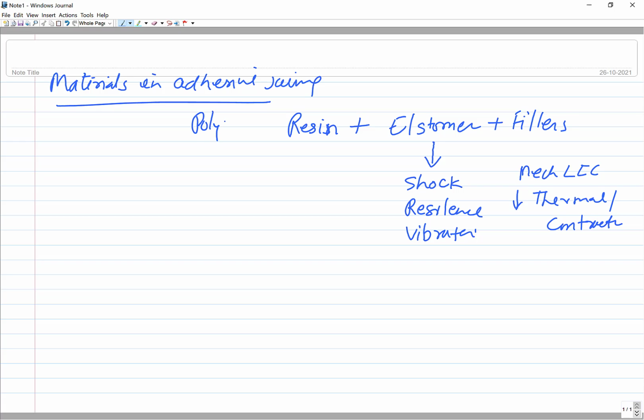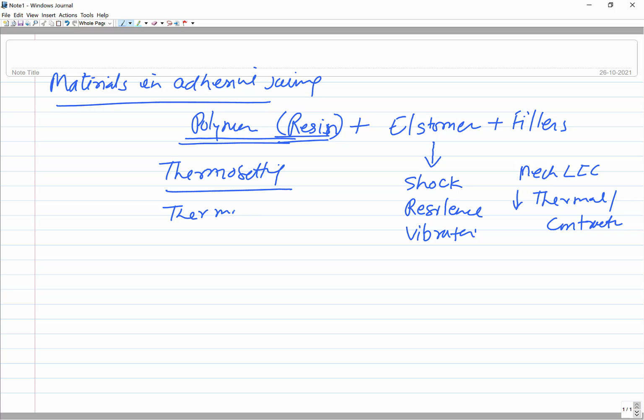And as I said, some kind of polymers are used as the main joining component. There we use two types of polymers: thermosetting plastics and thermoplastics.